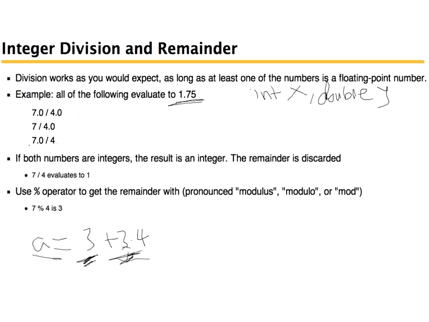If you want to add them, you say z equals x plus y, and you say z is an integer, so you say integer z equals x plus y, you will get an error. It will not allow you, because it will say, hang on, you have one value which is a double, so you cannot have z as an integer.